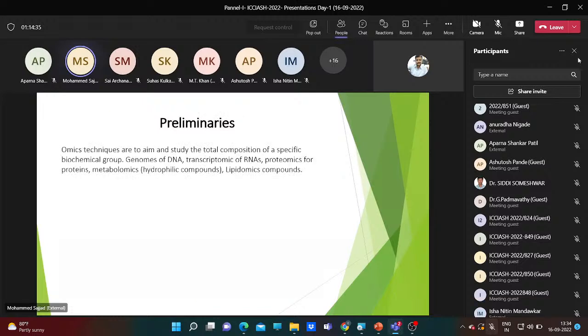In the preliminaries, omic techniques aim to study the total composition of a specific biochemical group. Genomics of DNA, transcriptomics of RNAs, proteomics for proteins, metabolomics and lipidomic compounds will be reviewed. This paper presents biomarkers among patients that have induced a new omic technique which is integrated with big data and AI.